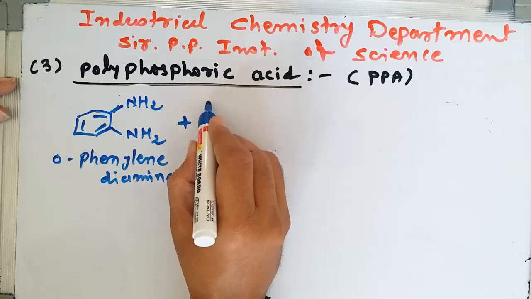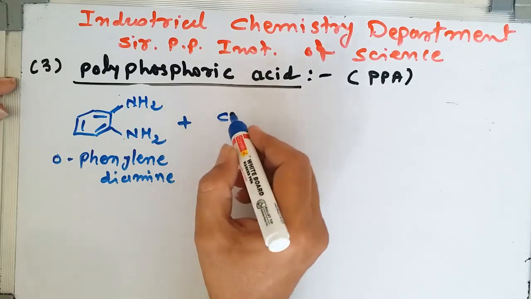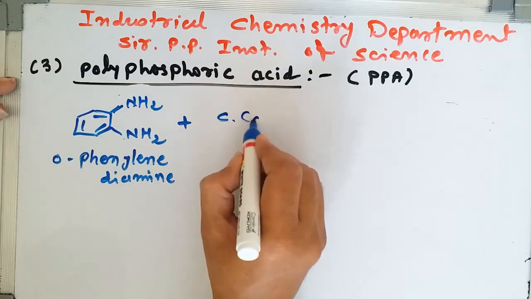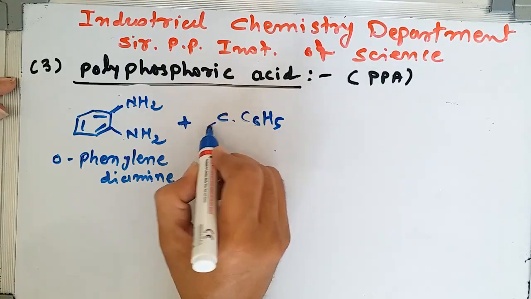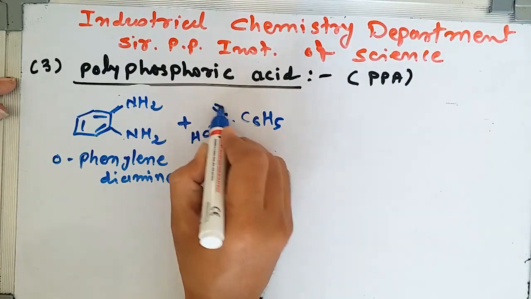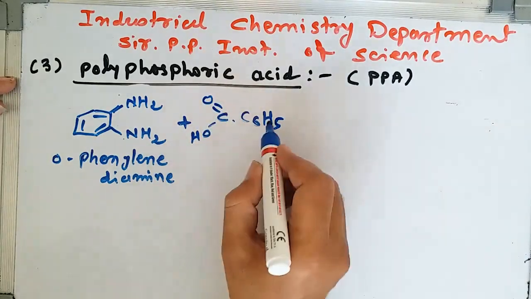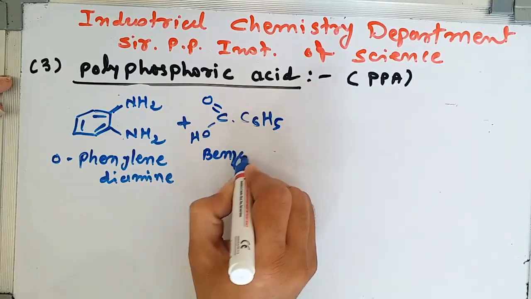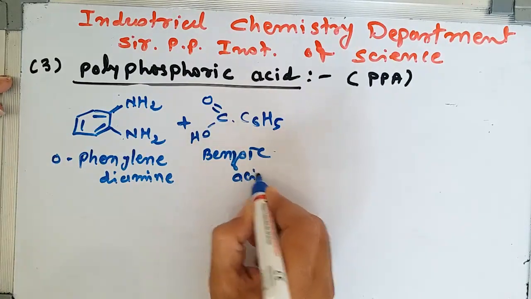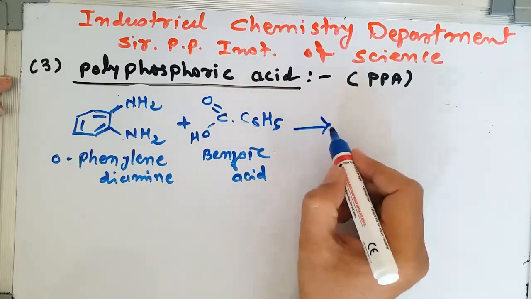For our synthesis, we write benzoic acid as C6H5COOH.